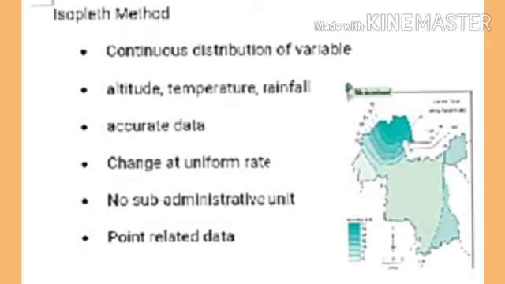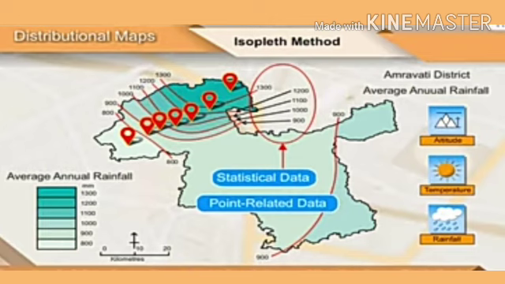In these maps, we need to obtain accurate data regarding the altitude, temperature, rainfall, etc. of some places in a region. In this type of map, the sub-administrative units are not taken into consideration. Here, statistical data belongs to the respective places.